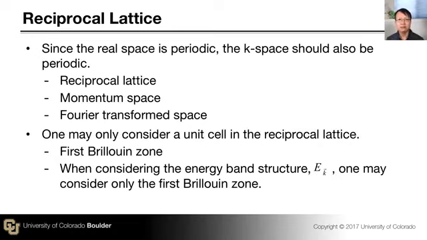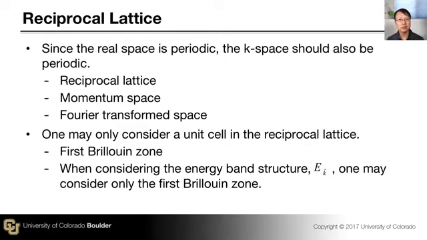In the case of a crystal, because the real space is periodic according to the Bravais lattice, the Fourier transform space should also be periodic, and the lattice that defines the periodicity of your Fourier transform space is called the reciprocal lattice. Now, the reciprocal lattice is also a Bravais lattice, so it is periodic.